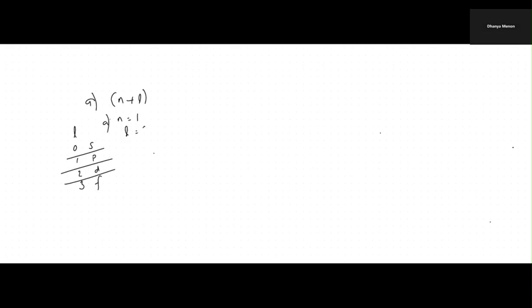Second one, n is 2, l is 0, so it is 2s. Third one, n is 2, l is 1, so this is 2p. Next one, n is 3, l is 2. That is 3d.